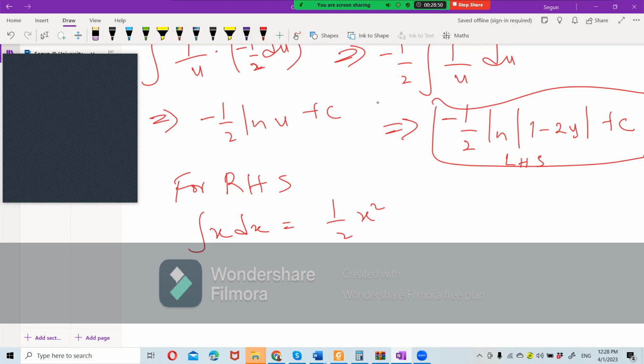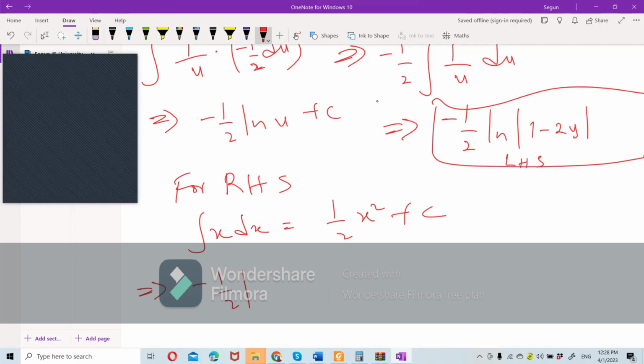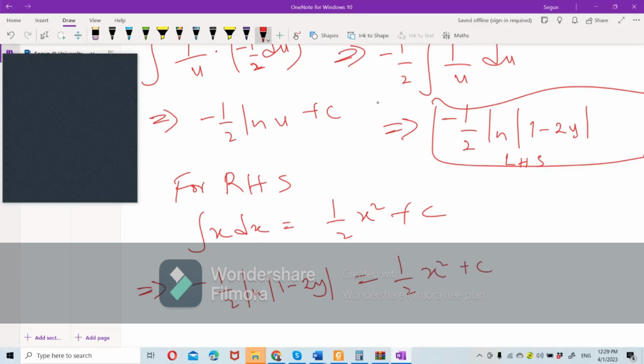We might not put plus c to this one since we are having plus c here. So, which implies that -1/2 ln absolute value of 1 minus 2y equals 1/2 x squared plus c.